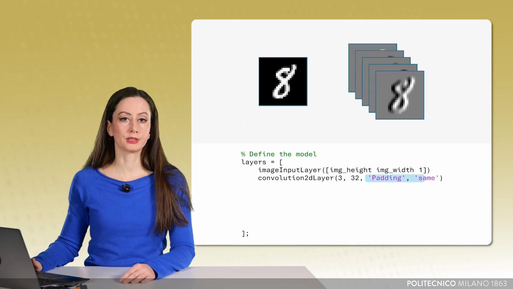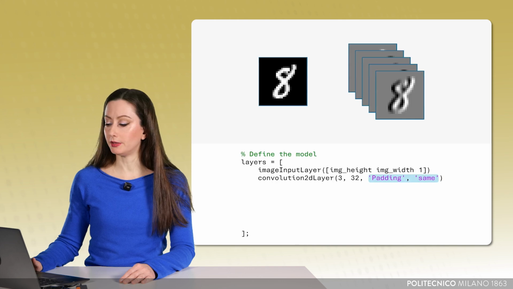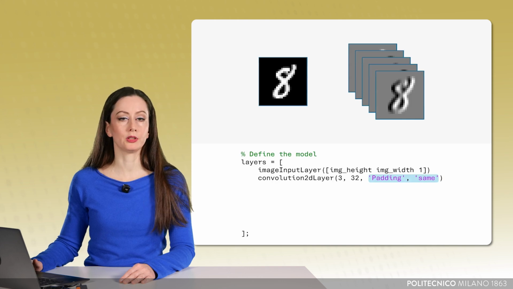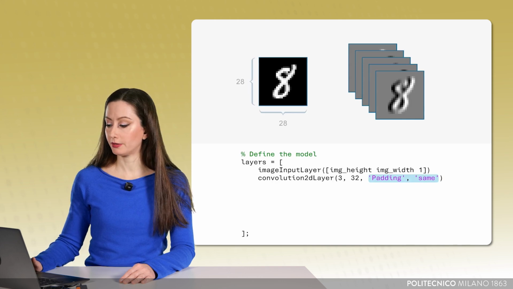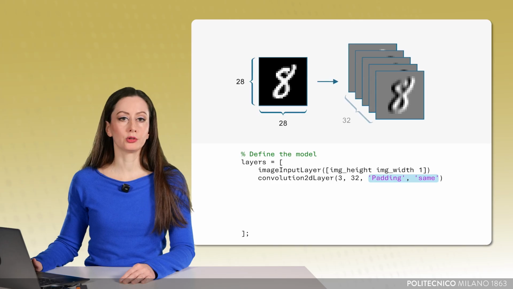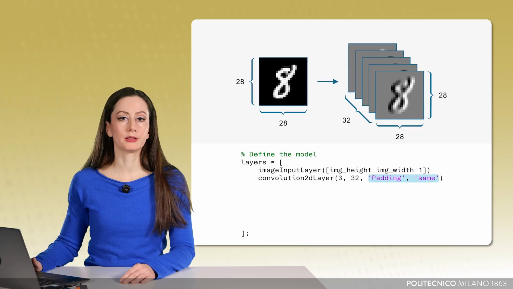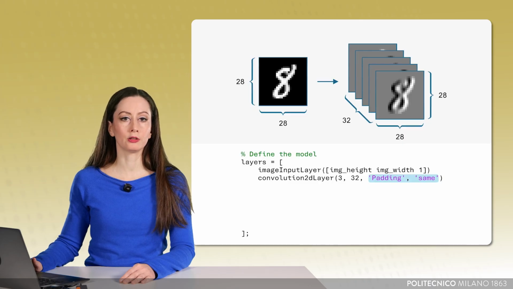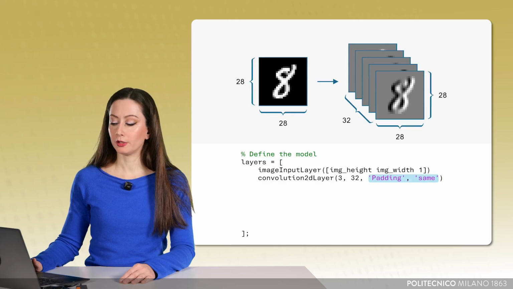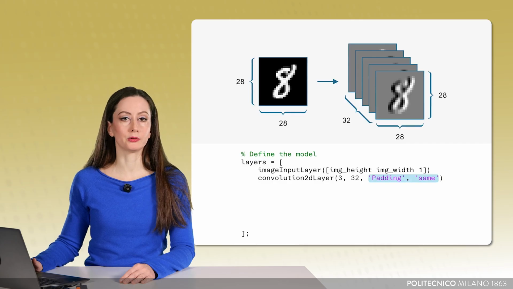The padding option, same, ensures that the output has the same dimension as the input image. As a result, the output of the convolutional layer is 32 matrices of 28 by 28. It's worth noting that since each filter has 9 learnable parameters, we have 9 times 32 learnable parameters to be optimized so far. But we will come back to this later.